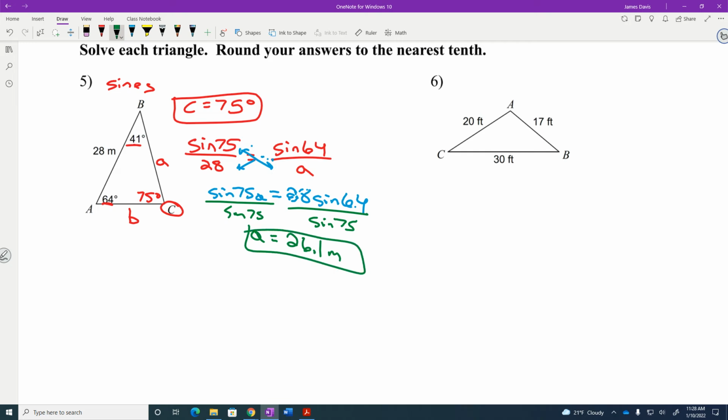Alright, so we got two of them. To get the third one, we have to just repeat the law of sines again. So we got to get little b. So we'll stick with our same ratio that we used to start. Sine 75 over 28. And for little b, we're going to match with big B. So sine of 41 over little b. And then it's just cross multiplying and dividing.